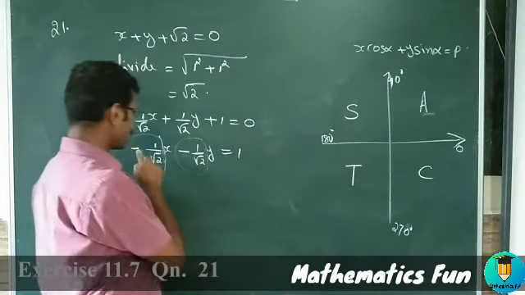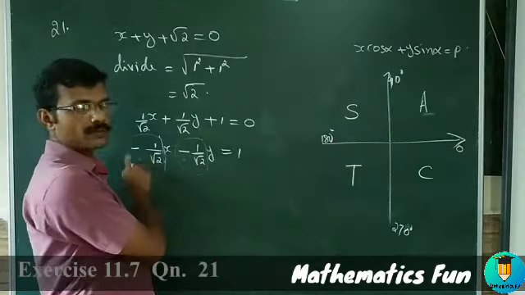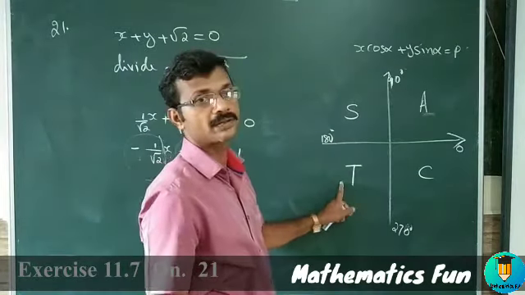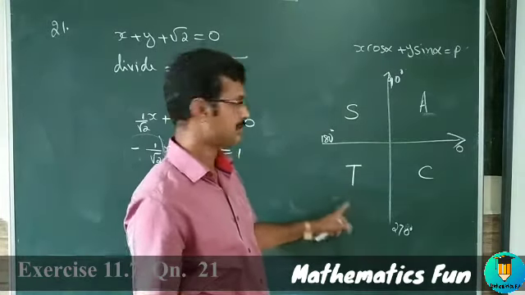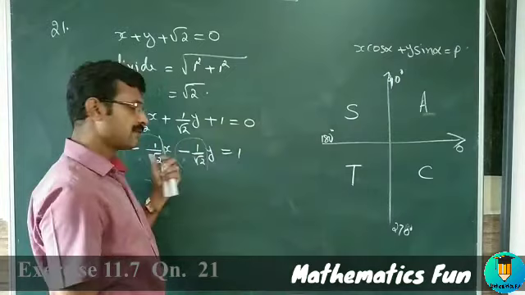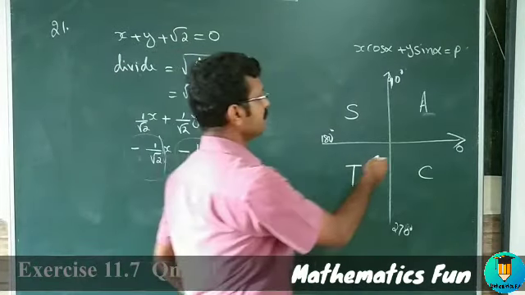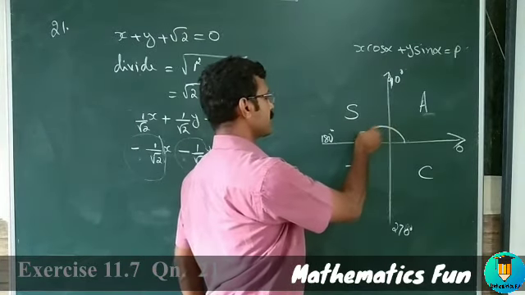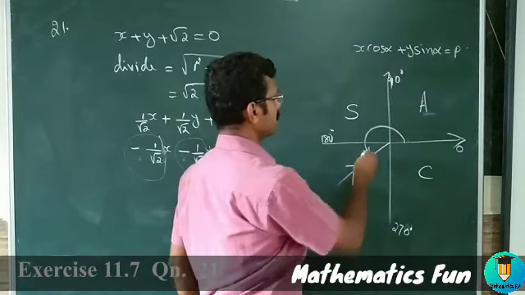Now if we look here, cos is negative and sine is also negative. Since here only tan is positive and all other functions are negative, it will be in the third quadrant. So the angle will come to here, if I draw the perpendicular like this.